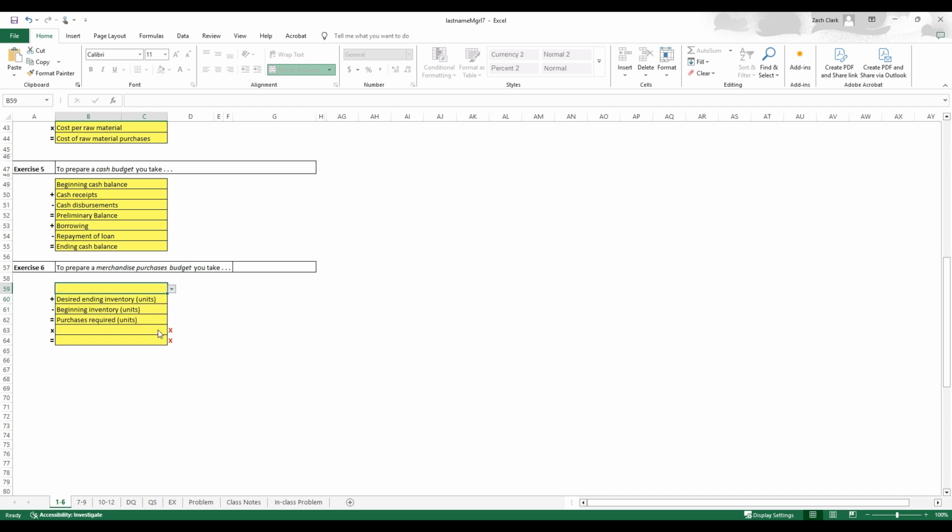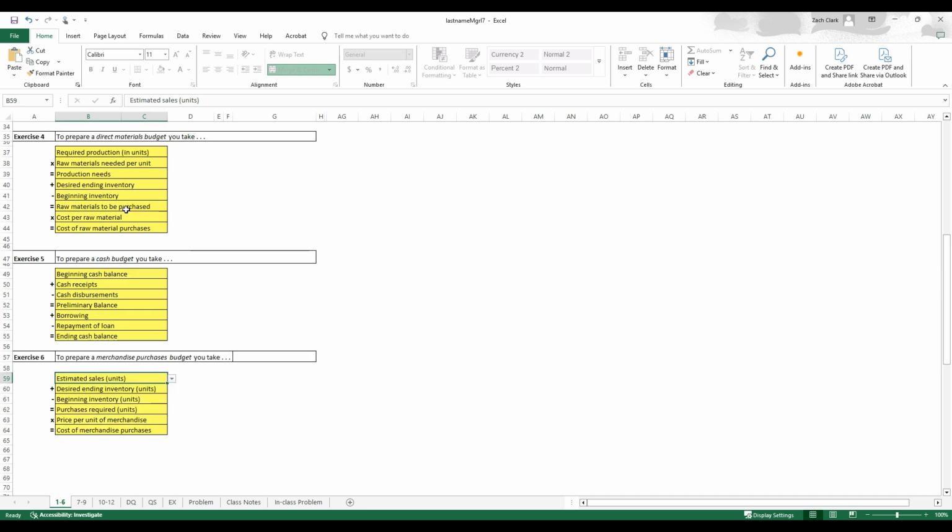This will be our estimated sales units. So everything we plan to sell, how much do we want to have left over? How much should we have as a beginning amount? Because we don't have to buy that. It's something we already have in stock to start with. And then we take the cost or price per unit into account to figure out the total cost of our merchandise purchases overall.